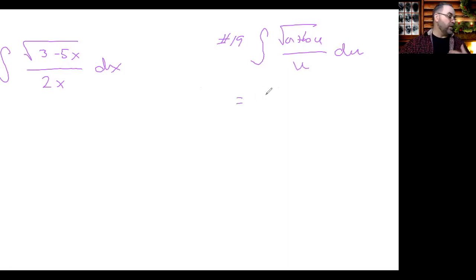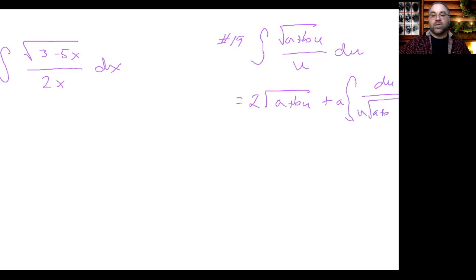So it reduces the integral down. It's 2 radical a plus bu plus a times the integral of du over u radical a plus bu. And you probably recognize this one, right? Isn't that the one we just used, number 17? So 19 is a reduction formula.